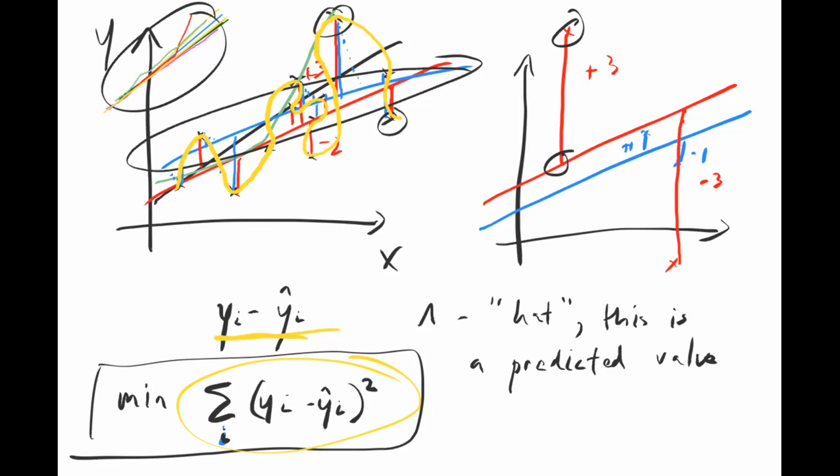So does anyone know the reason why we do squared as opposed to a different way I might get around the issue that I've shown here with the +3 -3? Can anyone think of a different approach?